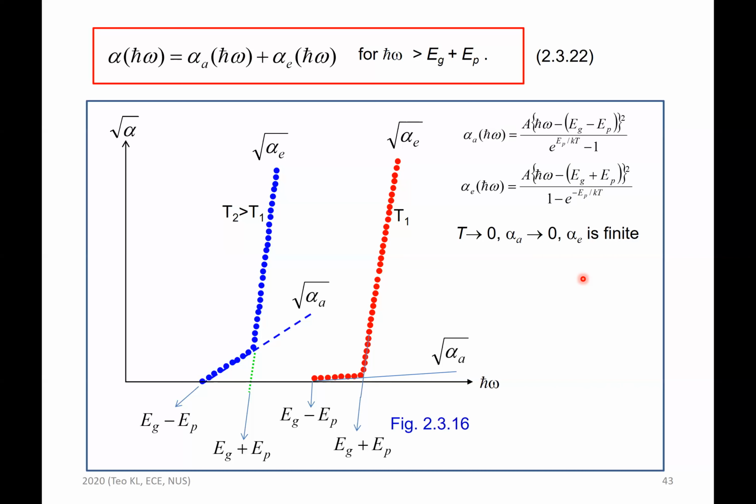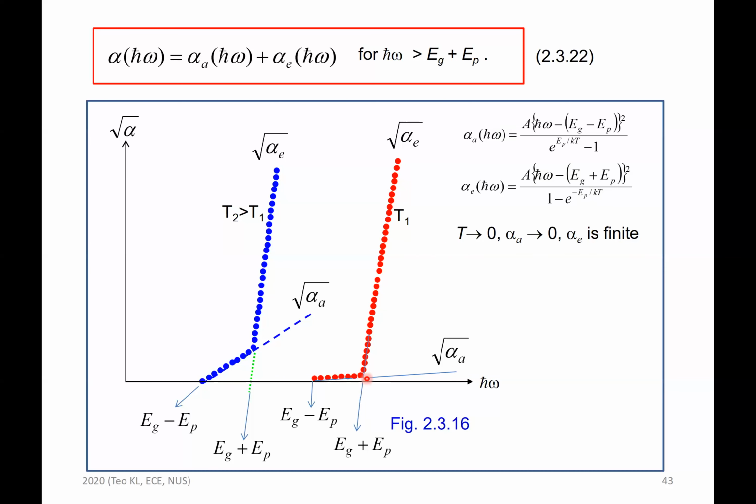But that does not mean that the electron cannot emit energy. So electrons can still emit energy to the surroundings, even though absorbing energy from the lattice is low. So the emission of phonon is still possible. So the absorption coefficient at low temperature is possible. Therefore you can see the absorption coefficient rise sharply by emission of phonon, and for the absorption of phonon, it is low.